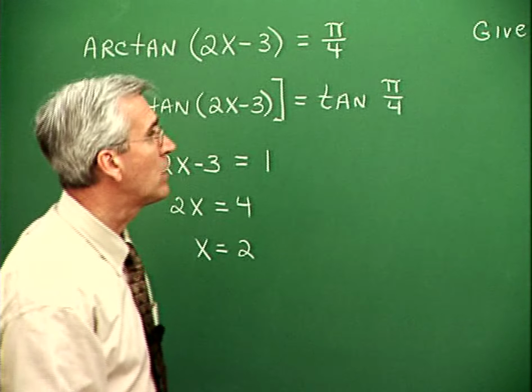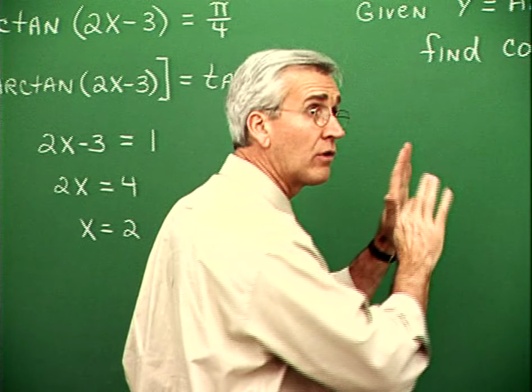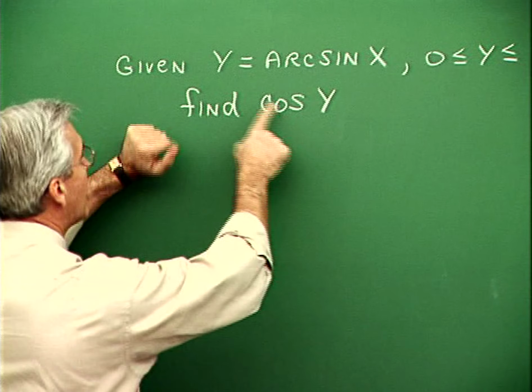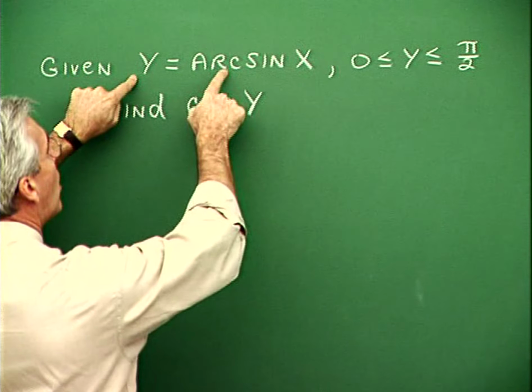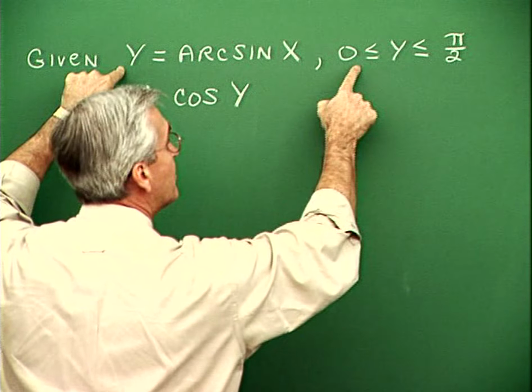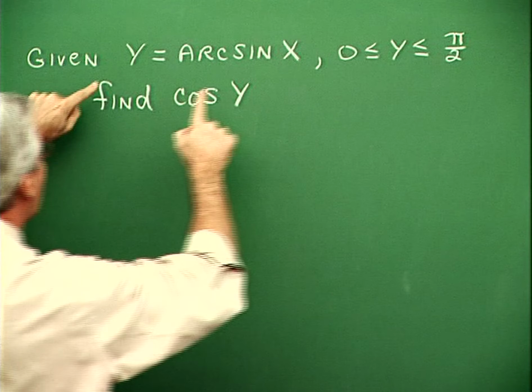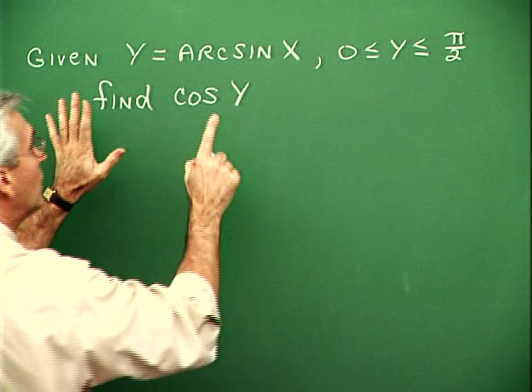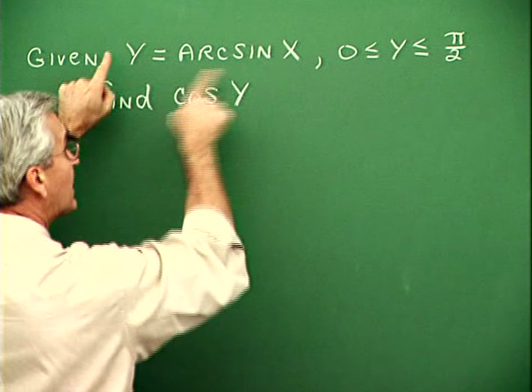Here's a rather interesting one. It involves the inverse of sine, and it also involves cosine. It says y is arc sine x, where y is in the first quadrant. And we want to find cosine y. Now remember, y is an angle whose sine is x. That's what this says.